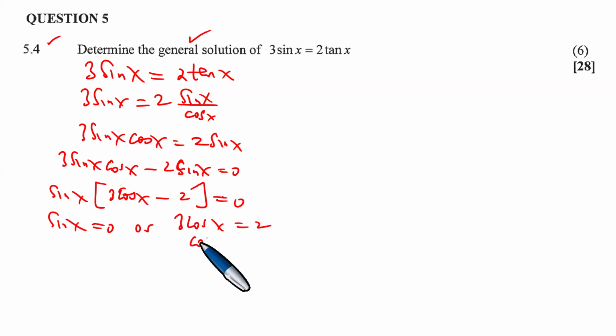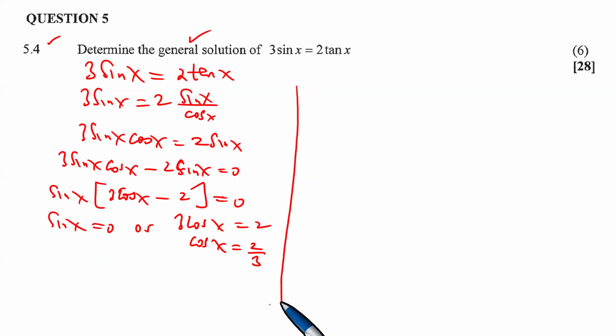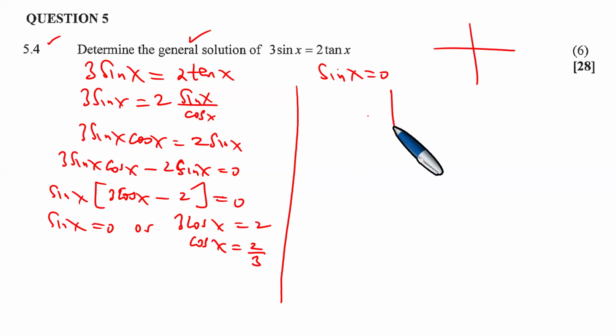Upon division by 3, cosine x equals 2 over 3, or sine x equals 0. We're going to do this step by step, but first things first, we deal with sine x equals 0 first. The sine of x equals 0 at the poles.